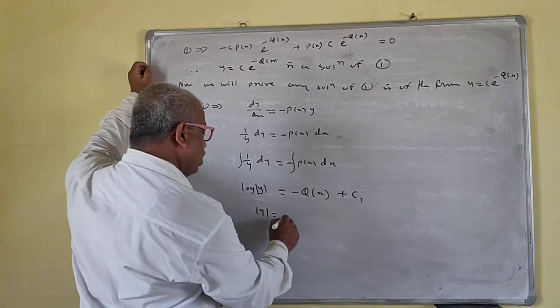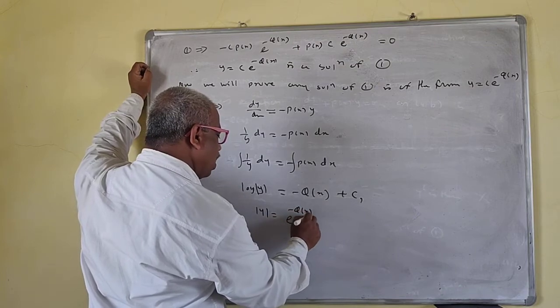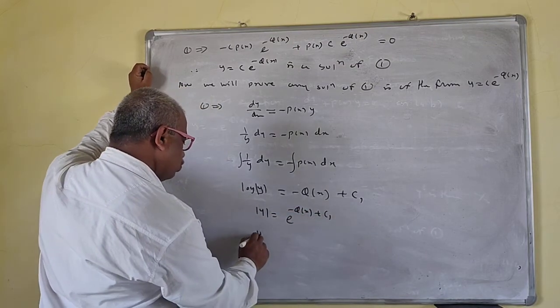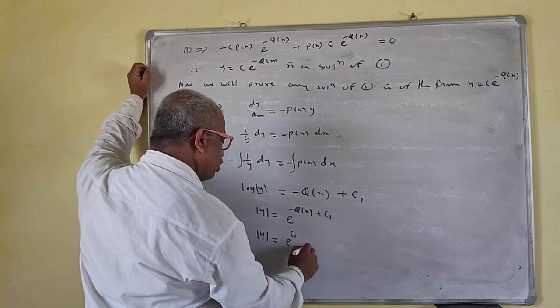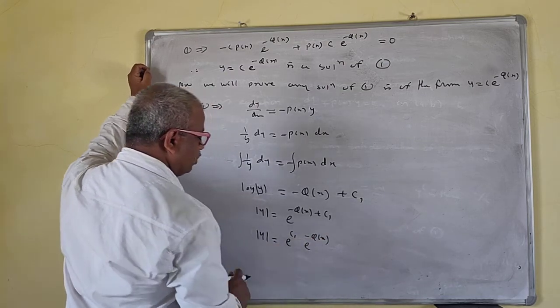So mod y is equal to e to the power minus phi of x plus c1, that is, mod y is equal to e raised to c1 times e raised to minus phi of x.